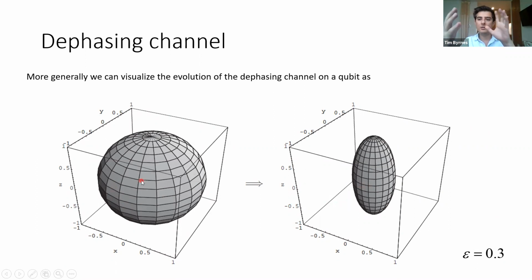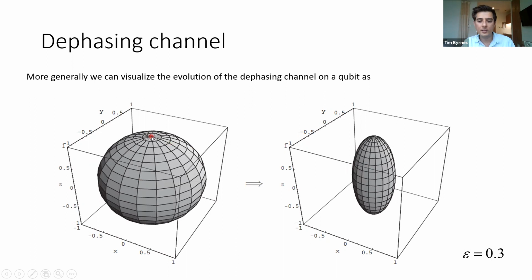So you can imagine the sphere as being squashed and turning into this kind of oblong shape, right? This is in general what happens. If you started, for example, here, it would go this way. If you start on the other side, then it would go here.